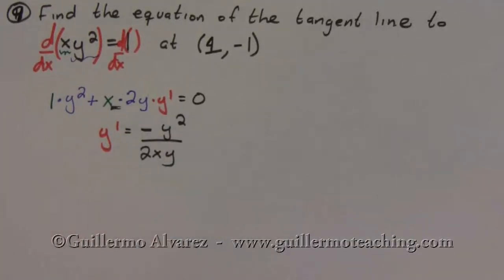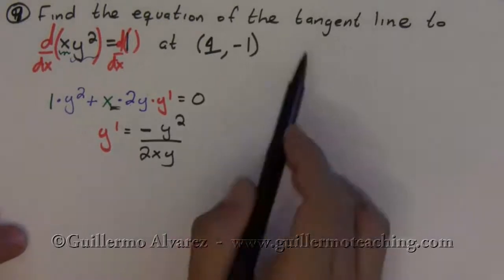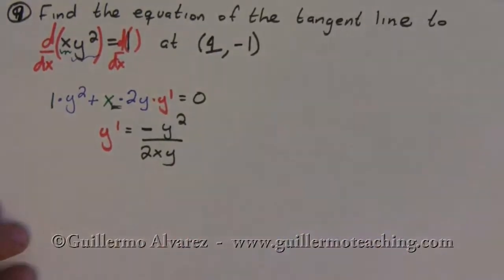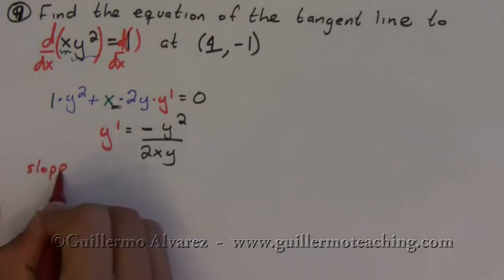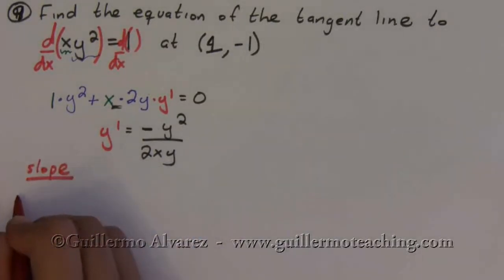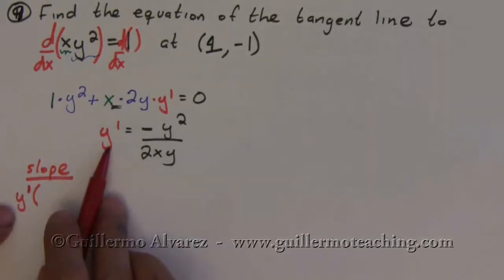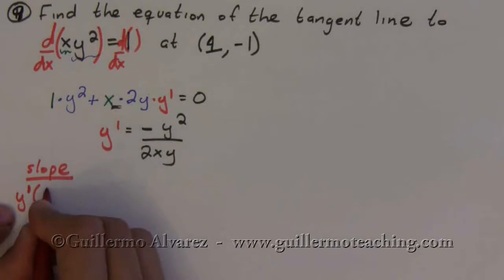Okay, and so then to find the tangent line, remember what we need is two things. We need the slope, and to find the slope we need to plug in the point into my derivative.